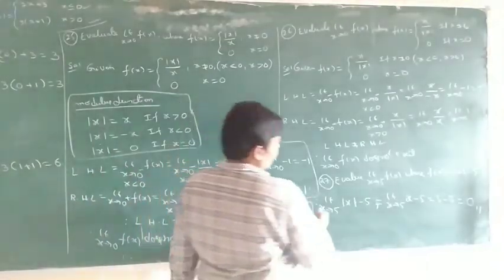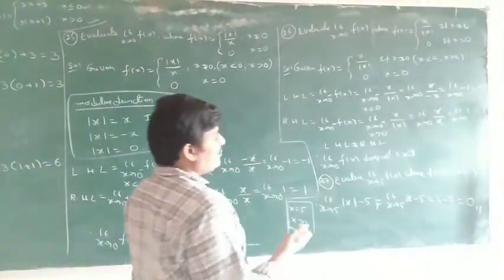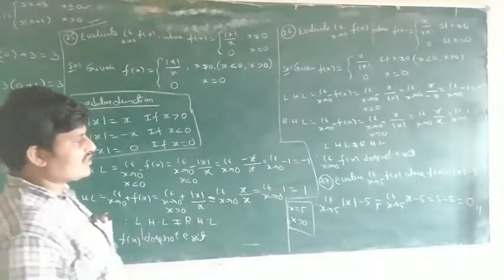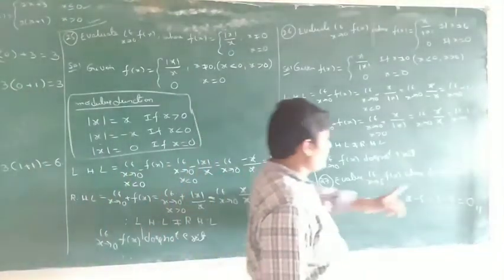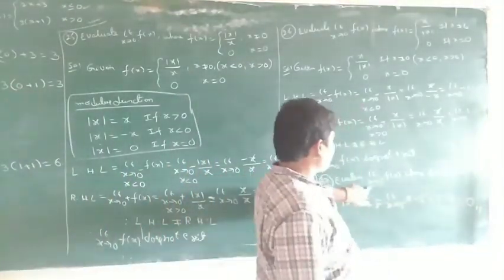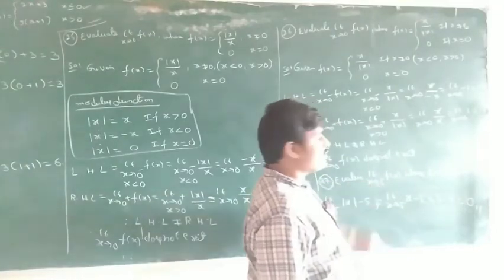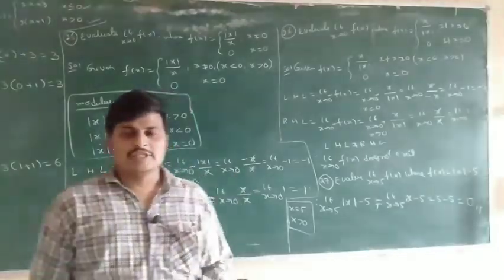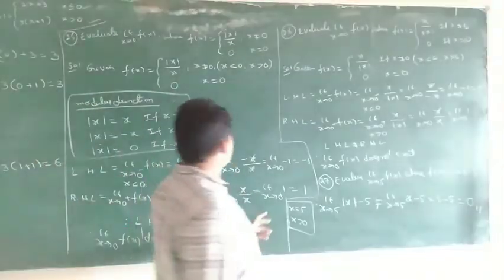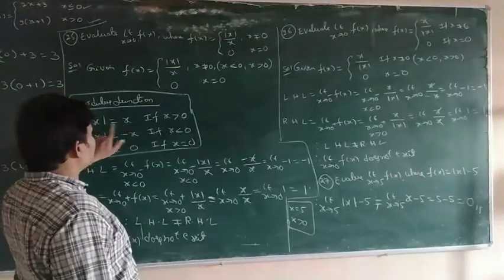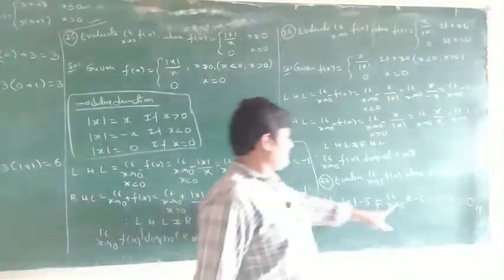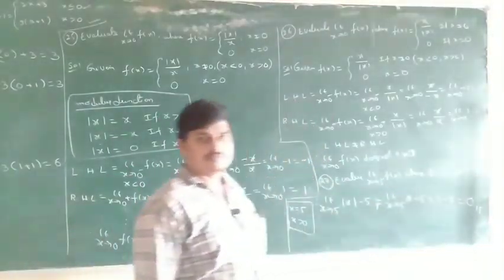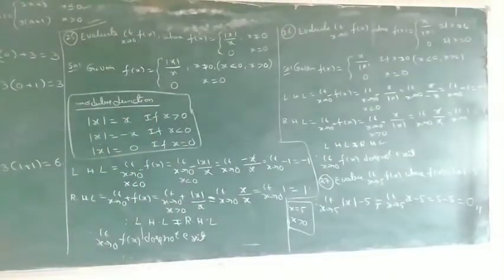We need not use left hand limit and right hand limit, because this is a single function. X tends to 5 means 5 is greater than 0, and when x is greater than 0, mod x is equal to x, so x minus 5. Okay, up to 27.